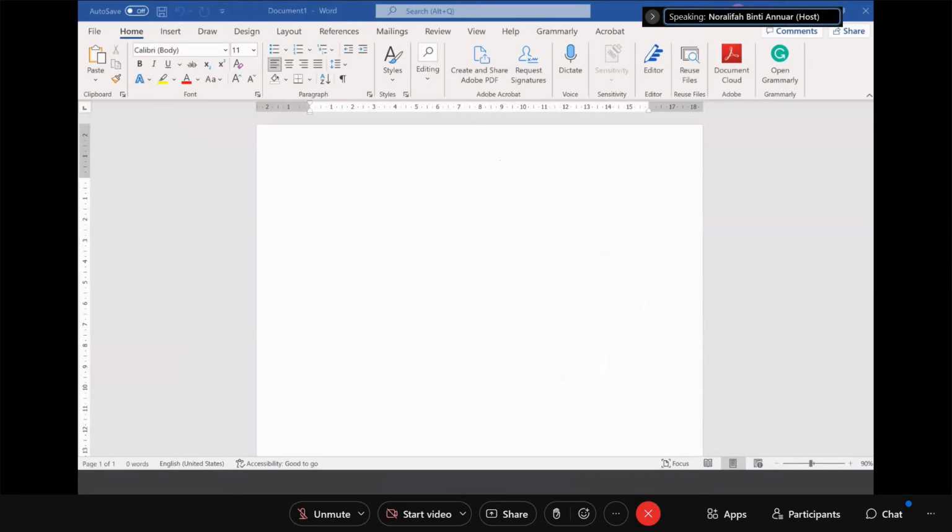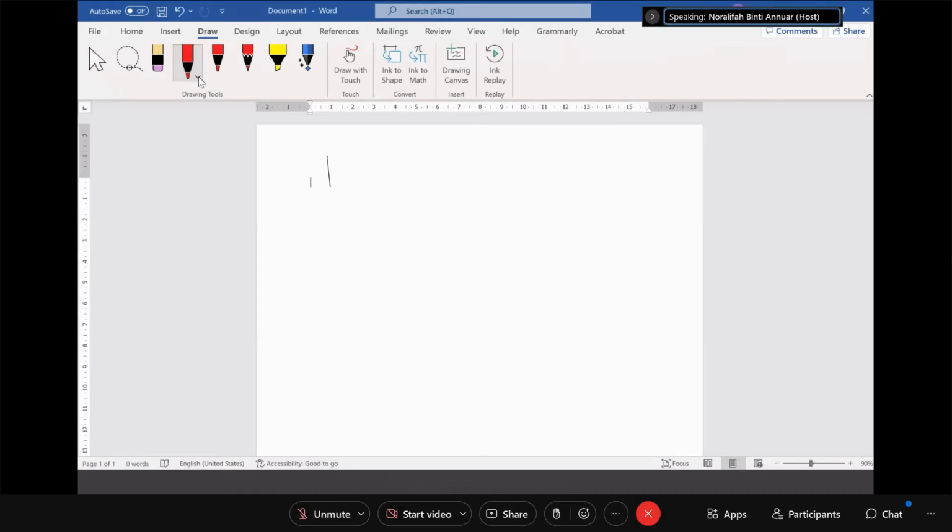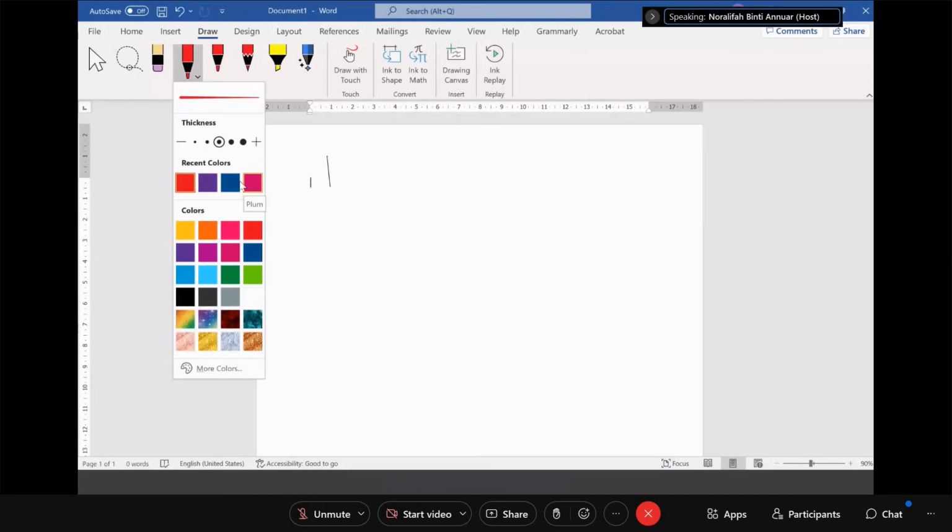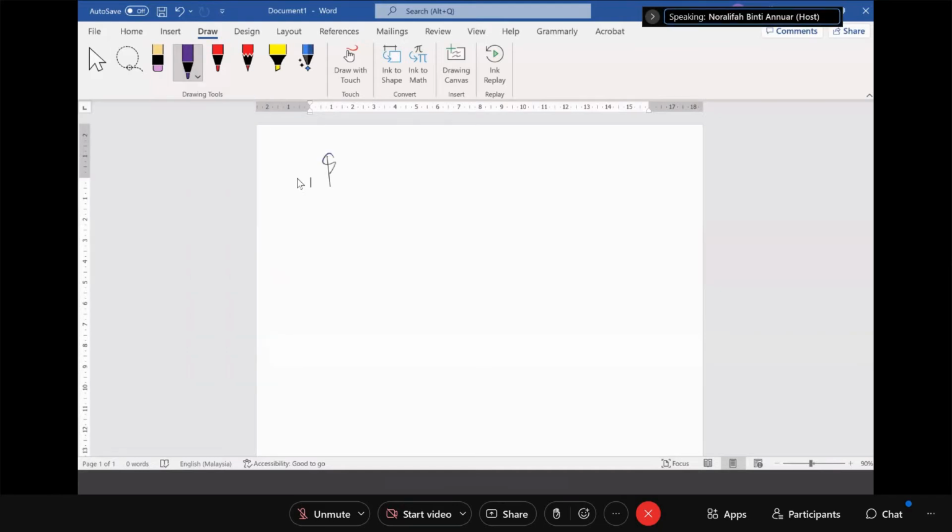Let's say binary to decimal. Okay, binary. Now kita nak convert binary to decimal. So given, for example, 00110.